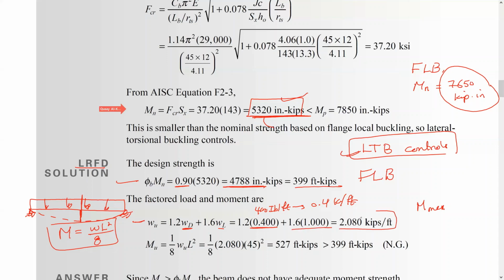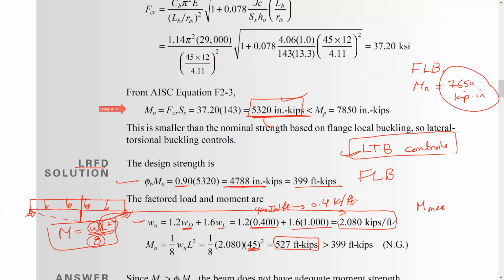So this value is 2.08 kip per foot. So here is the W we just got from here, and L is 45 foot, and here is 8. So this is the value for the maximum moment that we can get under these loading conditions.